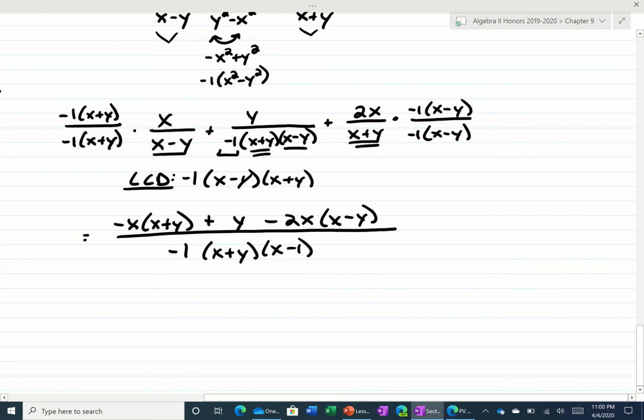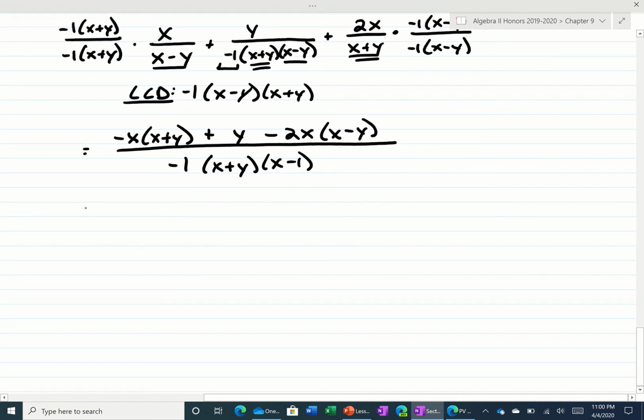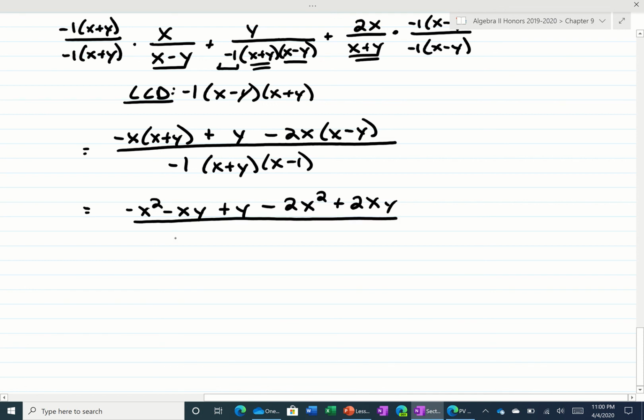Just be careful, it's not difficult math that we're doing here. This would be -x squared minus xy plus y minus 2x squared plus 2xy all over -1 times x plus y times x minus y.